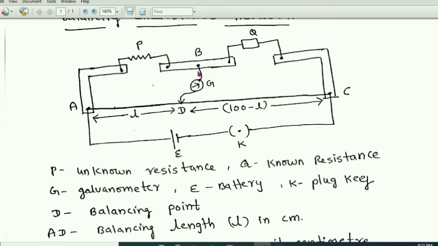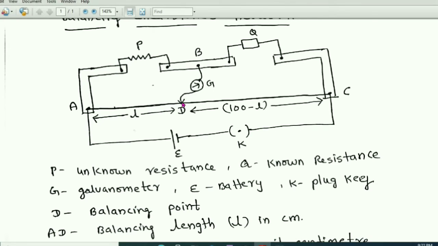On the straight metal strip, another terminal is B. From point B, one end of the galvanometer is connected. The galvanometer has two knobs: one knob is connected to point B, and the other end is connected to the jockey.